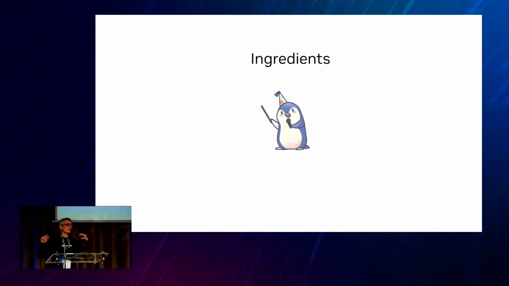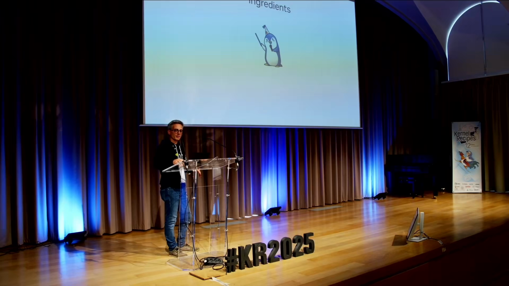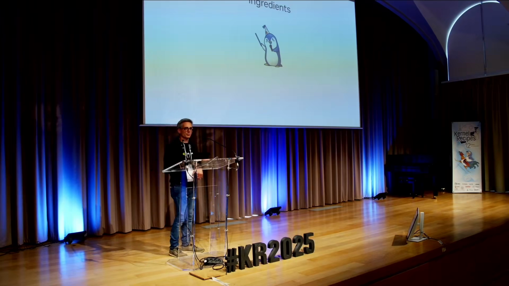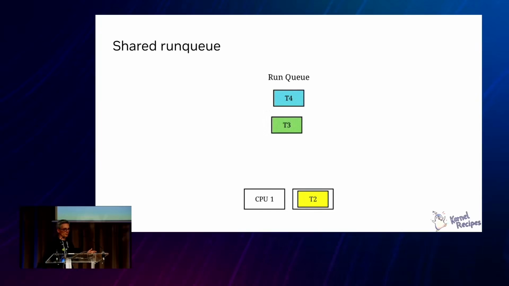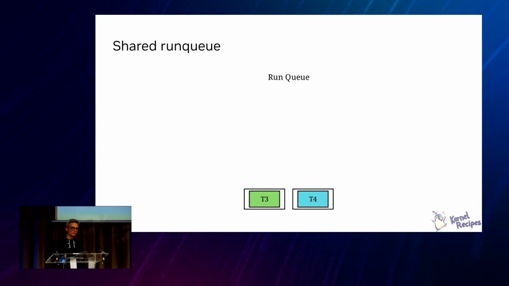Now, we don't have time to dig into all the details of these schedulers, but I can give you some hints and some ingredients that you can use in your scheduling recipes if you want to start experimenting. First thing, queues. Scheduling is always about queues. Typically, we have more tasks than CPUs, right?